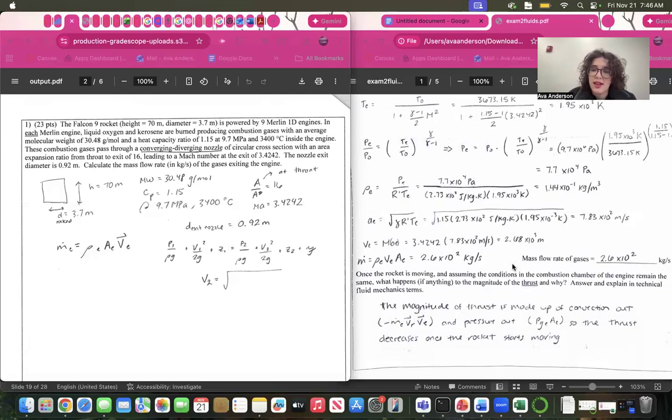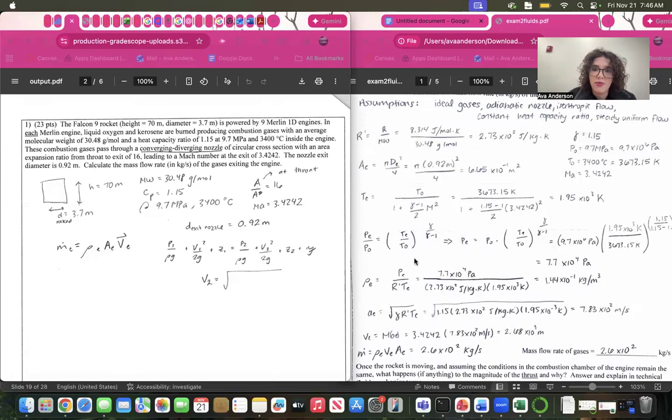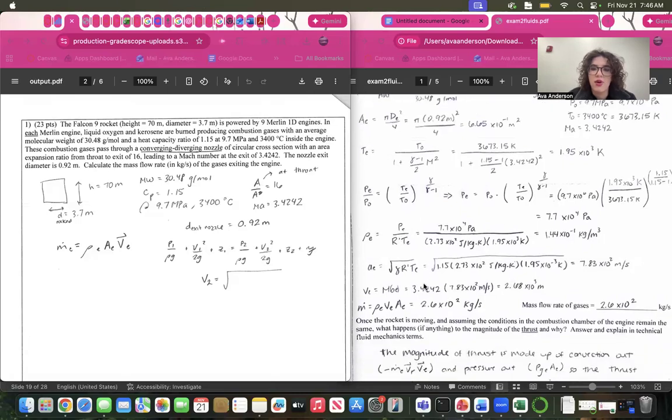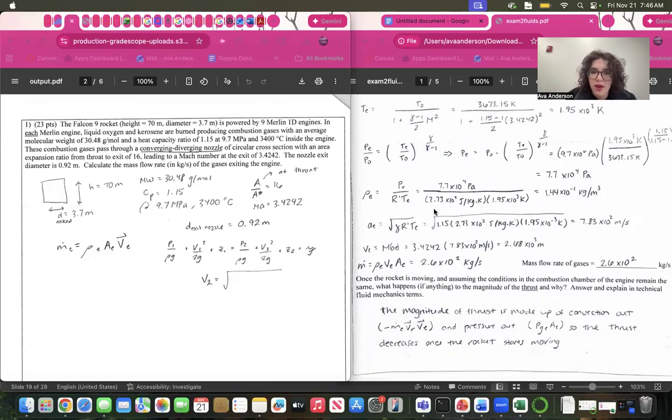And you find the exiting density, which I just used the ideal gas law and manipulate that around using the R that I found above, and that's 1.44 times 10 to the negative 1 kilograms per meters cubed. And then from there, you can find the velocity. I split that in two different parts so it'd be easier in my brain.